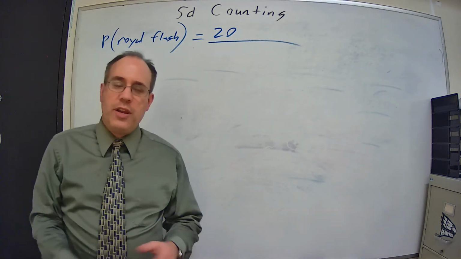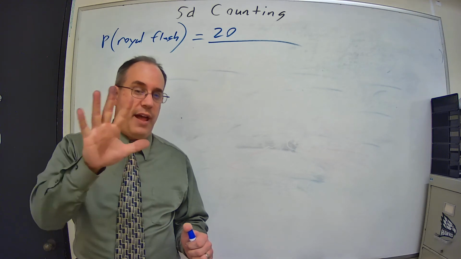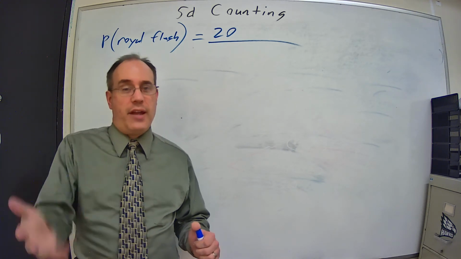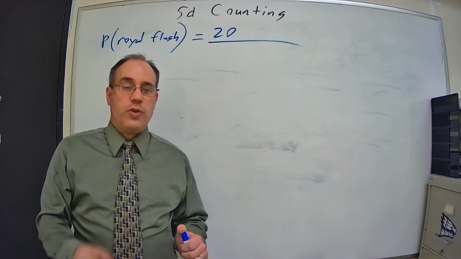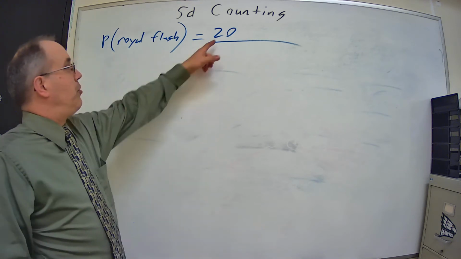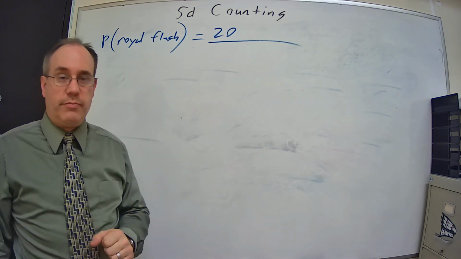What am I talking about, 20? Well, there's 10, Jack, Queen, King, and Ace, 5 cards, and there are 4 different suits I could get this royal flush in. So I've got 4 times 5, or 20 cards possible to start my royal flush.